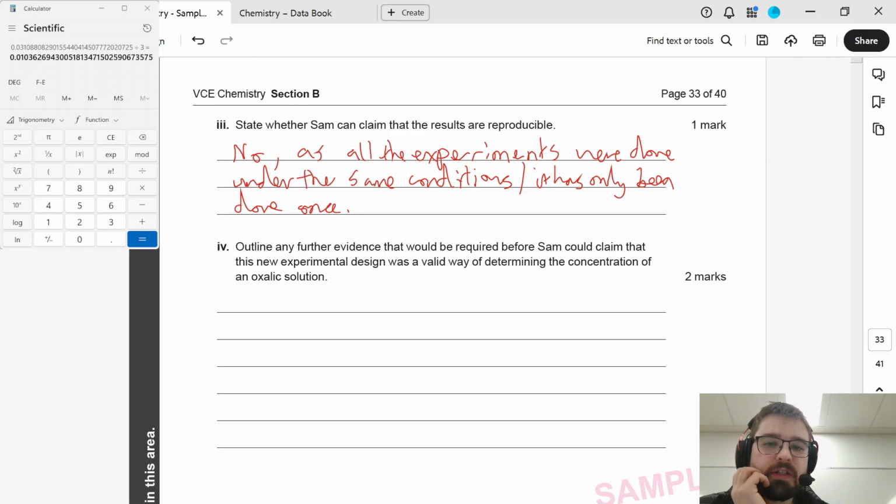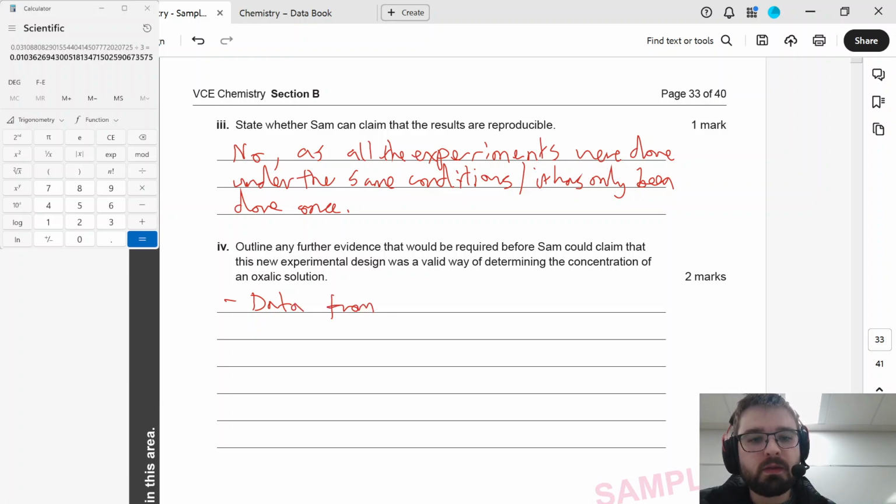Outline any further evidence that would be required before Sam could claim that this new experimental design was a valid way of determining the concentration of an oxalic acid solution. I'd say something like data from another group.